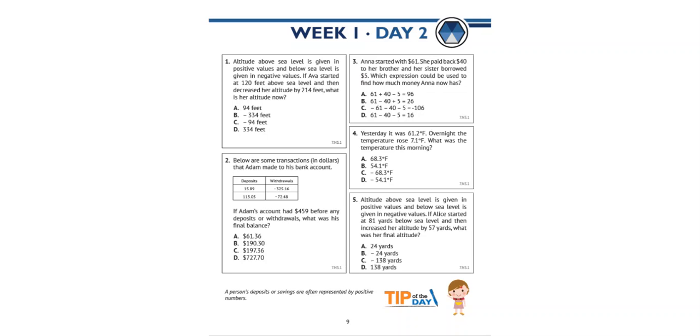Week 1, Day 2. Altitude above sea level is given in positive values and below sea level is given in negative values. If Ava started at 120 feet above sea level and then decreased her altitude by 214 feet, what is her altitude now? So let's start out by showing her altitude, which is 120.